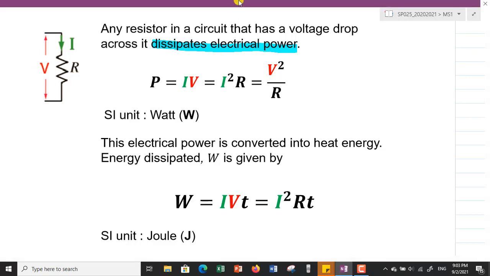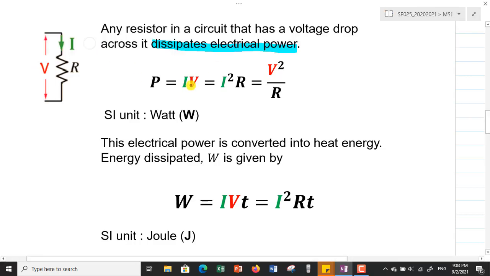And then class, if you still remember from Ohm's law, V equal to IR. So I put it in, I'm going to have I squared R. Alright, if I substitute V with IR, I'll get I squared R.